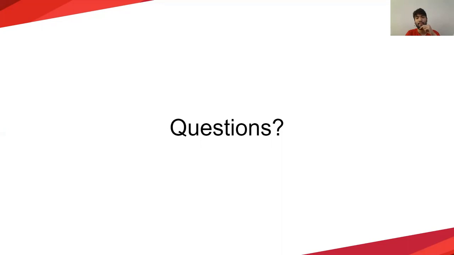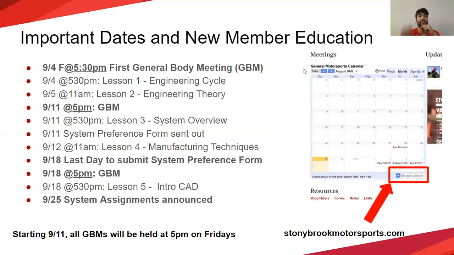I saw the dates that mention the GBM meetings. What were those bold dates for? Just to highlight the GBMs? Is that it? Yes, generally there's the GBMs and some major dates.